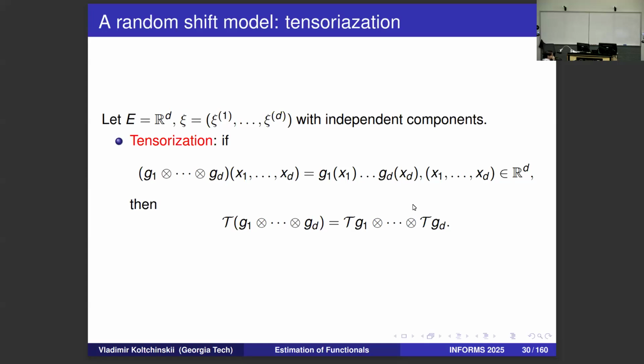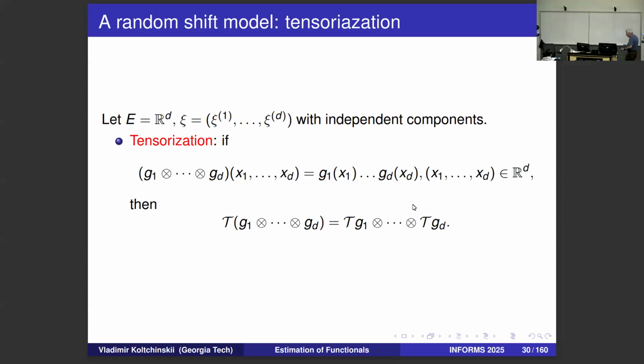This includes any normal model, because for a normal model you can always find a basis in which it becomes a model with independent components. You can use the standardization property in order to figure out how operator T acts in this case. Okay, so let's look at the case of the normal model.